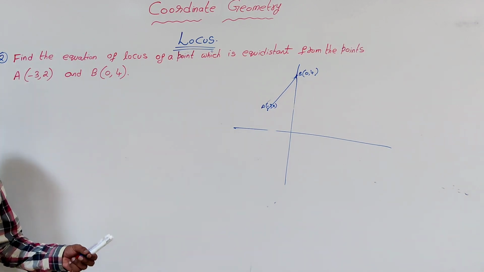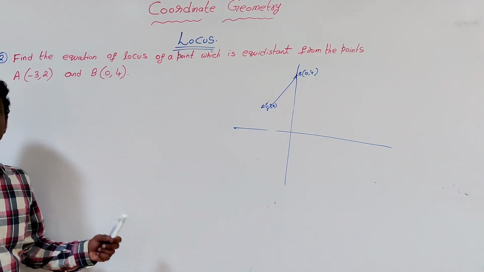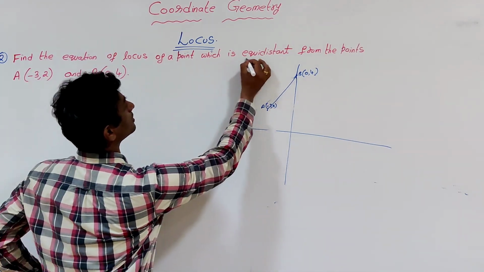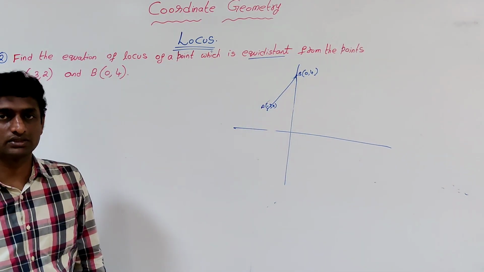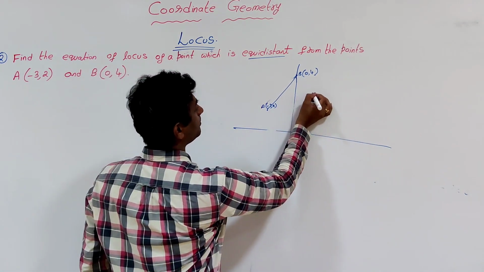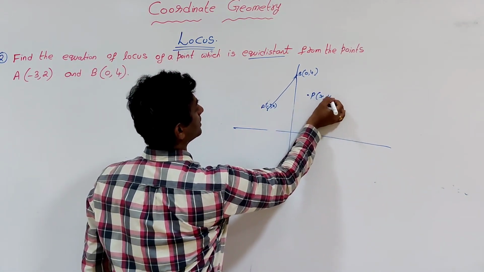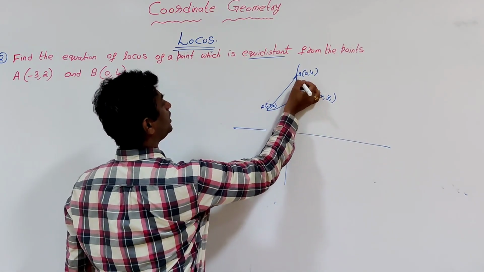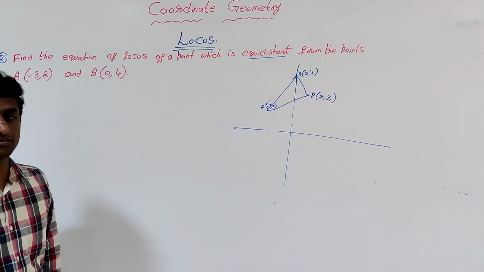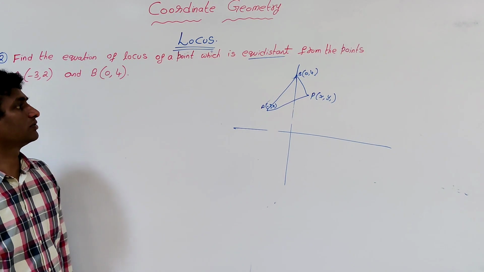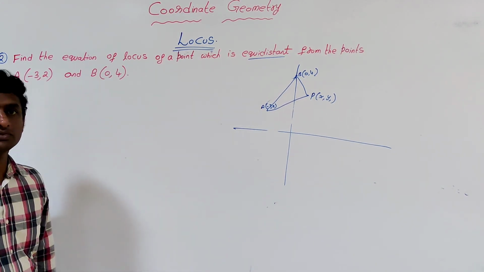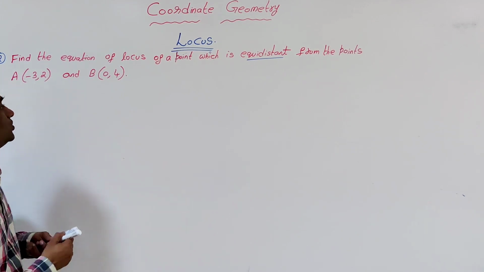Now we have to find the points in such a way that they are equidistant. Equidistant means equal distance. So assume that there is a point P (x1, y1). Then the distance from A to P and P to B should be the same. Now we'll see the solution.